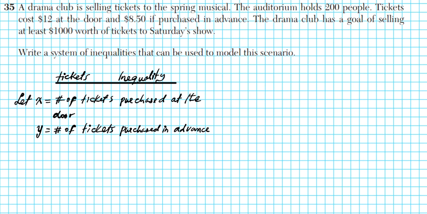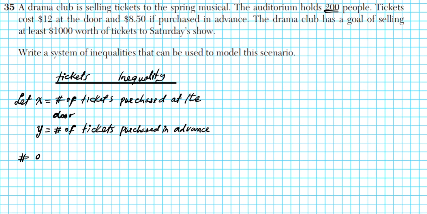Okay. Now, the requirement is that the auditorium holds a maximum of 200 people. So you cannot sell more than 200 tickets. This is your maximum amount of tickets. You could sell less, but you can't go above 200, so you don't exceed capacity. Okay?